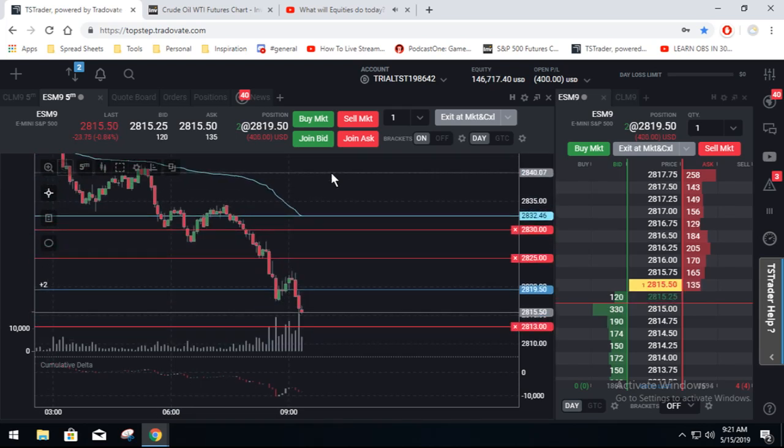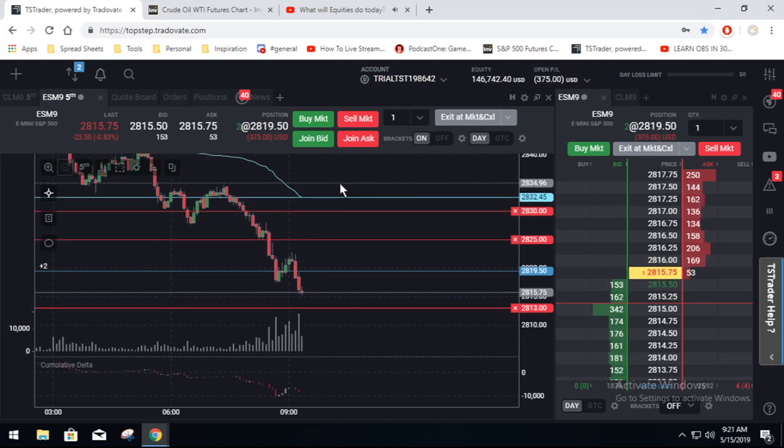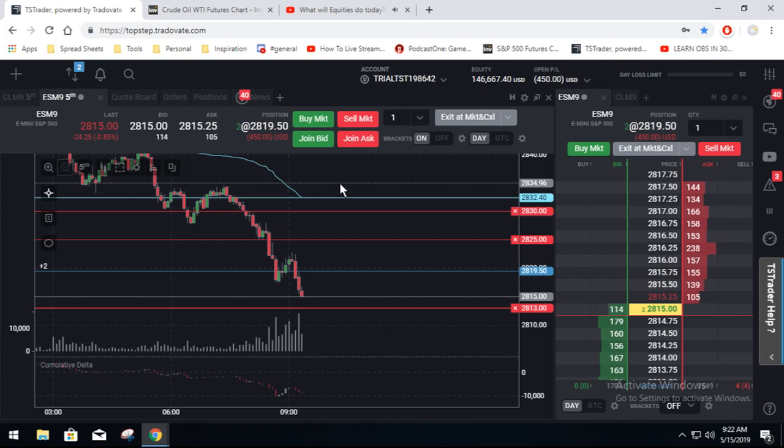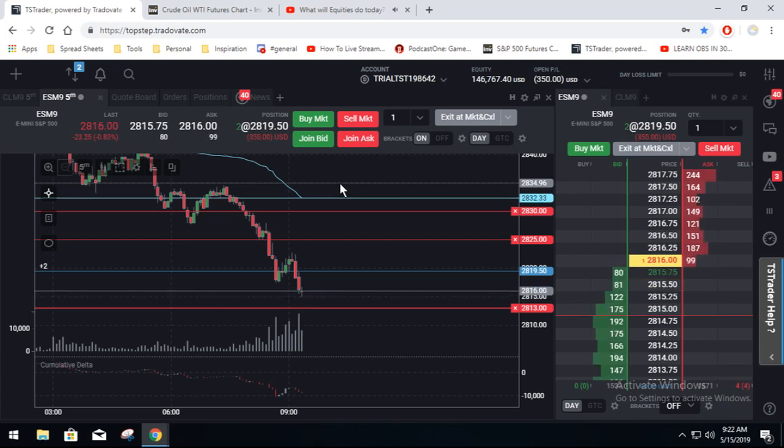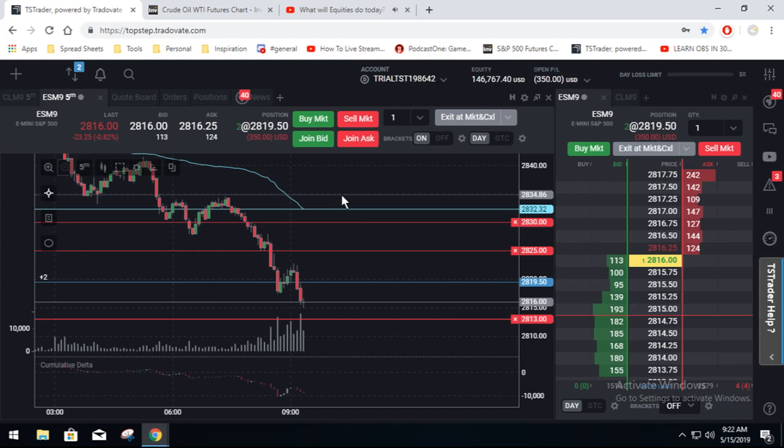We got a break against us pre-market. More than likely might be taken out of this trade early. We have 8 minutes.